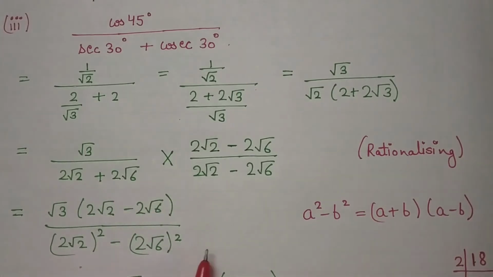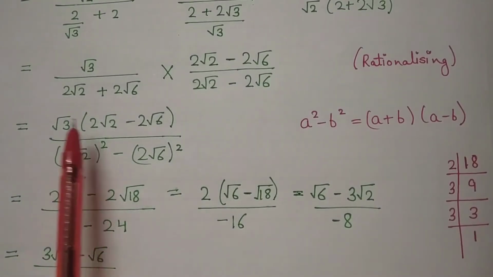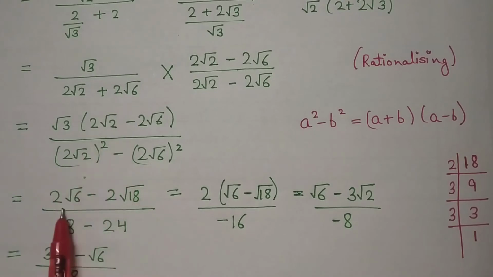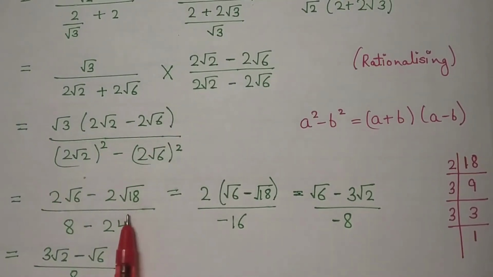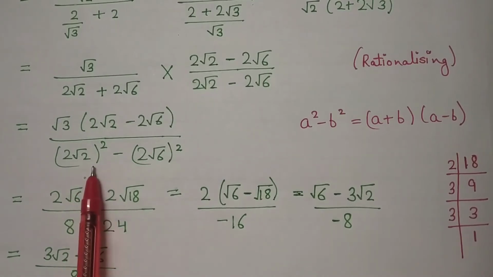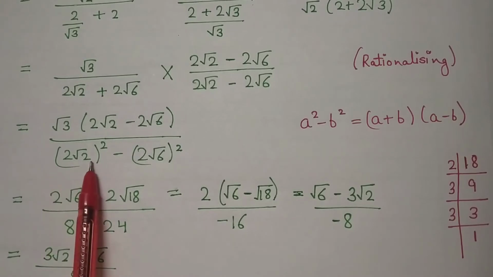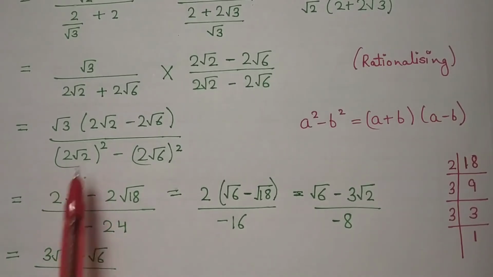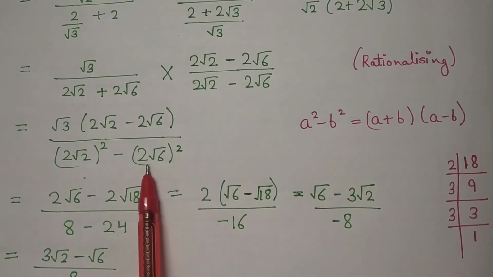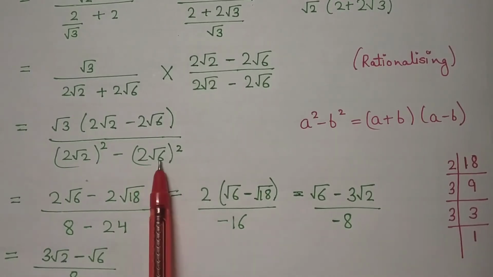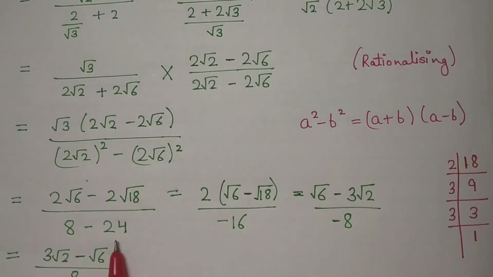Now solving this, multiply root 3 with the bracket: 2 root 3 multiply root 2 is root 6, 2 root 6 minus 2 root 3 multiply root 6 is root 18. Solving the denominator, 2 multiply 2 is 4 and root 2 multiply root 2 is 2, and 4 into 2 is 8, minus 2 multiply 2 is 4 and root 6 multiply root 6 is 6, and 4 into 6 is what? 24.